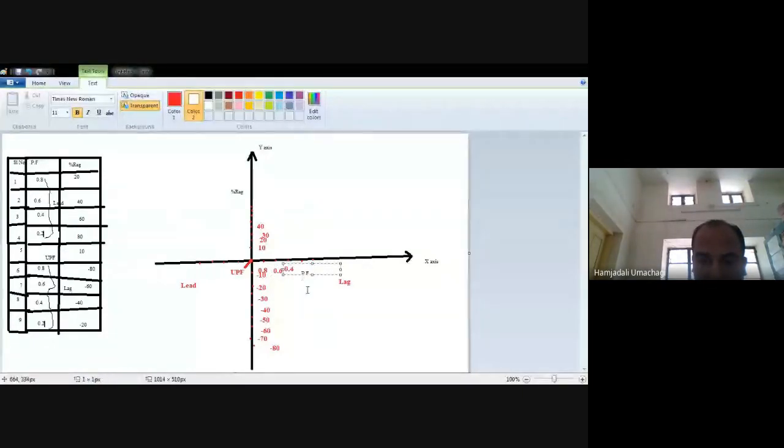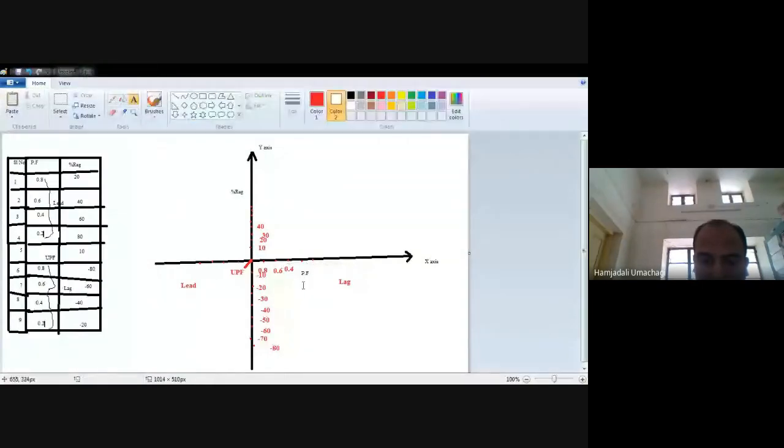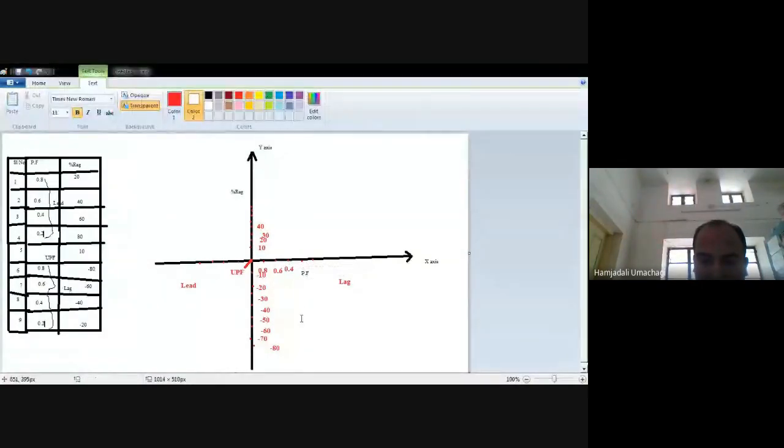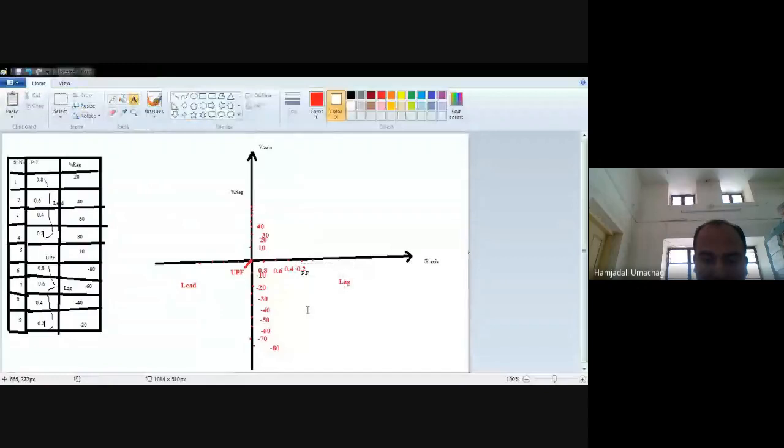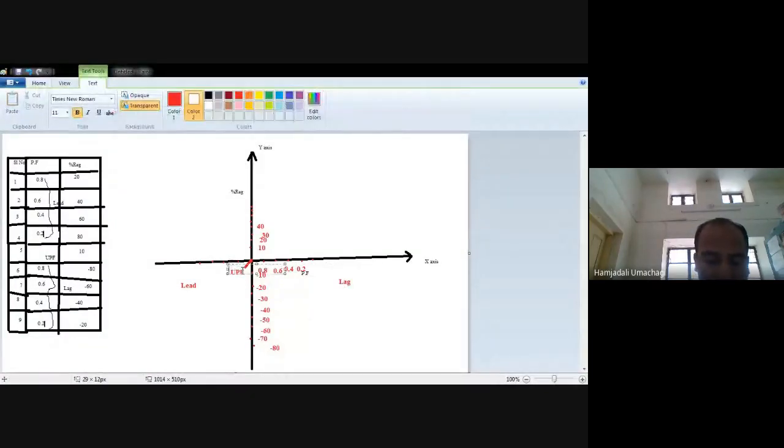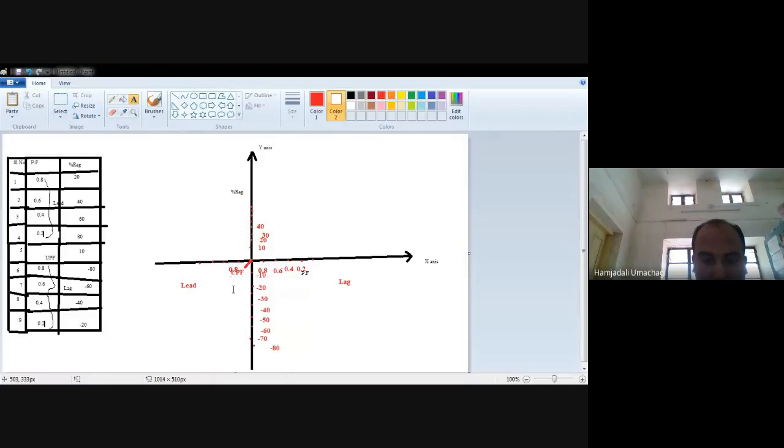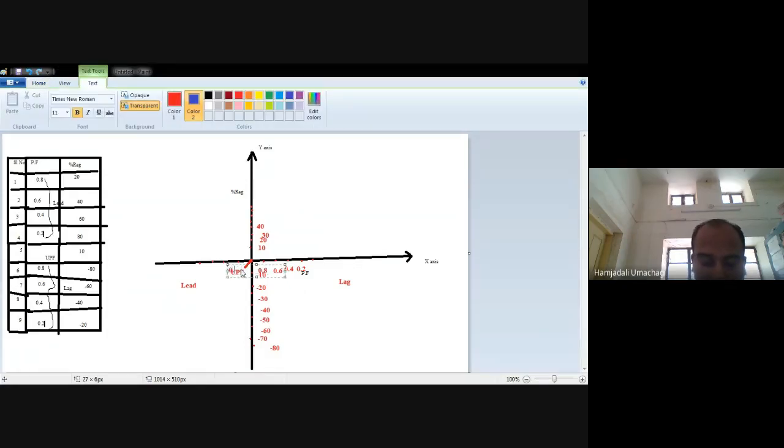How long should it go? Till 0.2. Similarly on this side, this will be 0.8. So I will use another color here. This side all are leading power factor, 0.8.